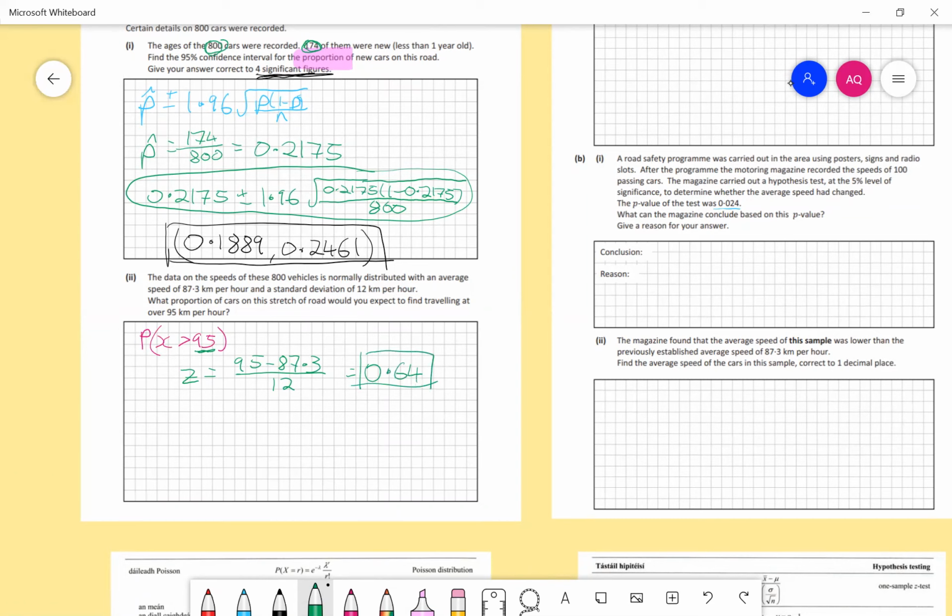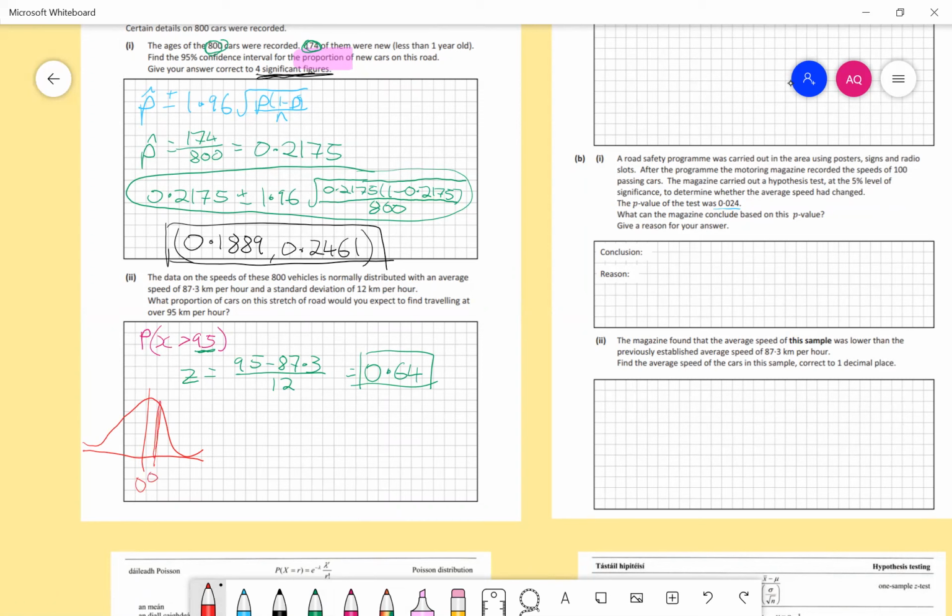So it says, what proportion would you expect to find traveling at over 95 kilometers per hour? Now, if we want, we can draw out a little rough sketch of our normal distribution. Doesn't really matter how accurate it is, just to see what we're looking at here. So 0 is always in the middle, and 0.64 comes to the right of that, somewhere around there.